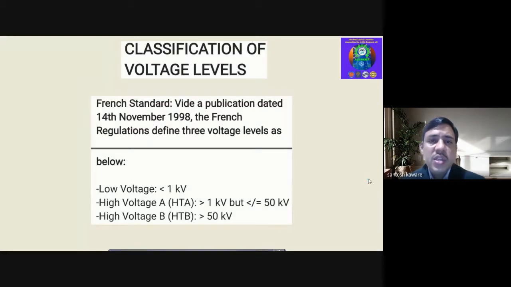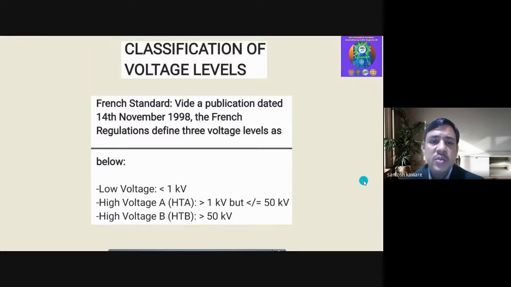Again, if you see the French standards, their regulation in 1998 says that low voltage is less than 1 kV, high voltage A is higher than 1 kV but less than or equal to 50 kV, and high voltage B, the other case, is more than 50 kV.